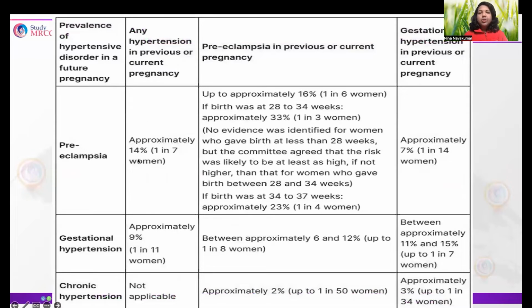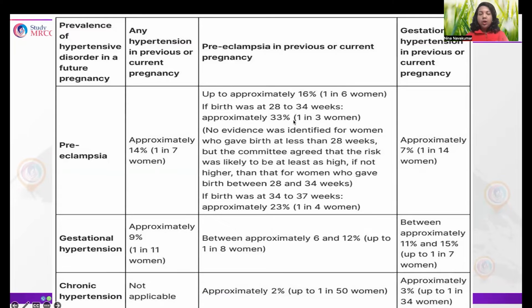Now, coming to preeclampsia. If there is any hypertension in a previous or current pregnancy, the risk of preeclampsia is approximately 14%. For a history of preeclampsia, the risk is almost 1 in 6 women, which is slightly less than overall hypertension in pregnancy.